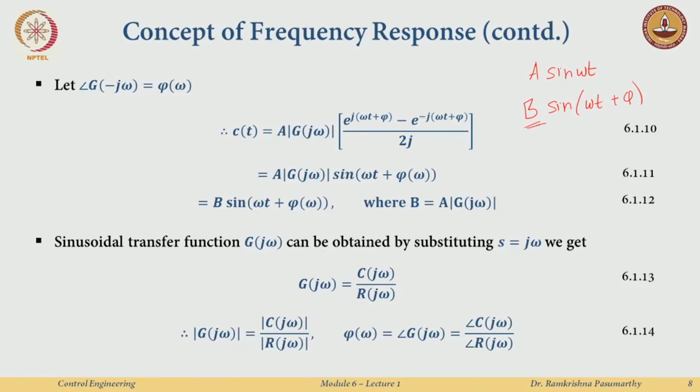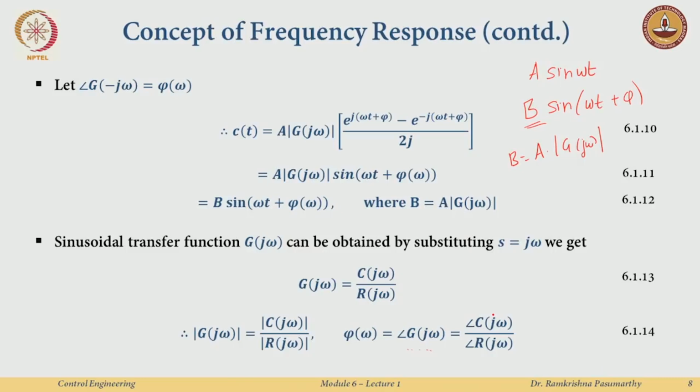Okay, where does this B come from? Well, this B is simply A times the magnitude of the transfer function of the system through which you are passing the sinusoid. Similarly, phi I could just compute as the angle of this guy. Phi is just the angle of G of j omega. Given this is a complex number, I could easily find out what the angle is.